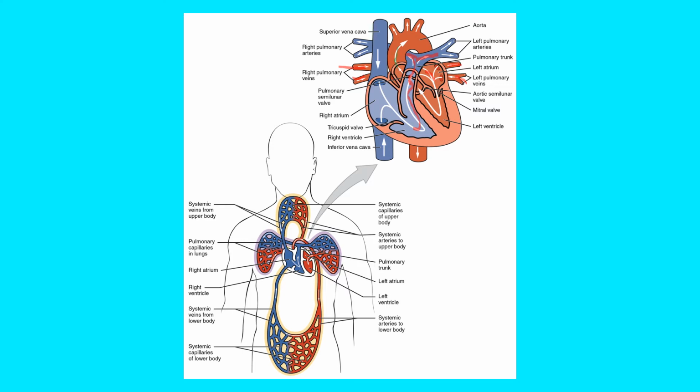Continue on the back side here, flow up. This is the aorta. It's going to, as you can see, have different arteries branching off, flows around to the rest of the body, and then it is going to return. This is the inferior vena cava here. Way up here at the top, you have the superior vena cava. They are both flowing now into the right atrium to return that blood to the heart.